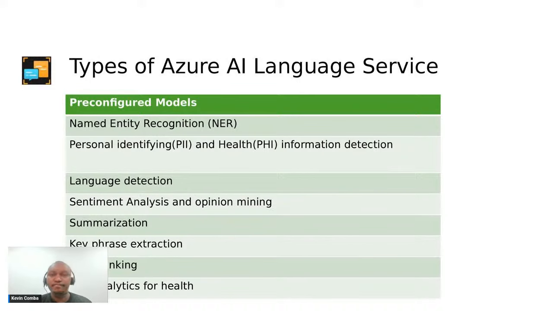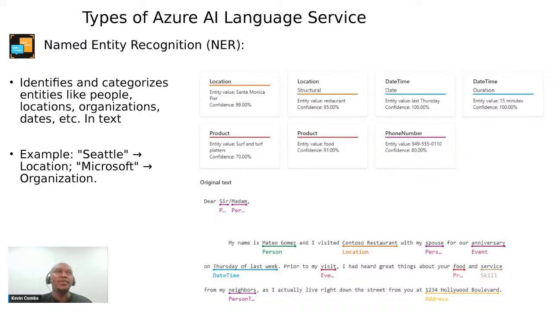Okay, so let's continue. Talking about named entity recognition, we shall see how it identifies and categorizes entities like people, location, and organization from an original text which you can give to the LLM. The Azure AI language service has named entity recognition, which will give the confidence and also the entity value of the extracted data.